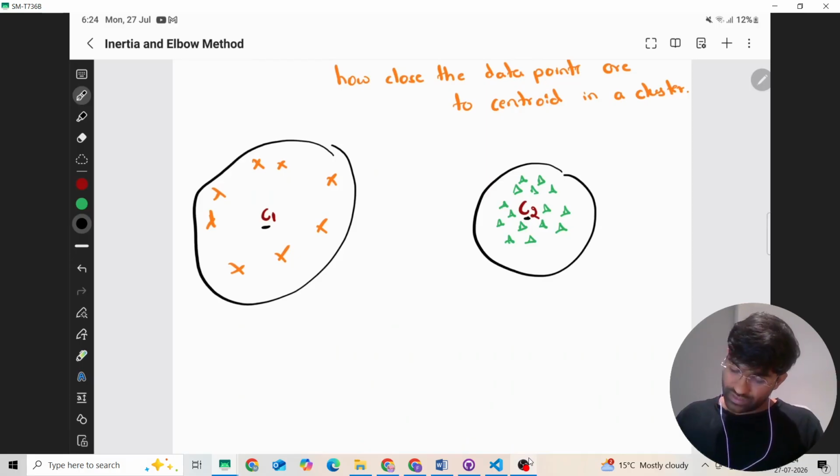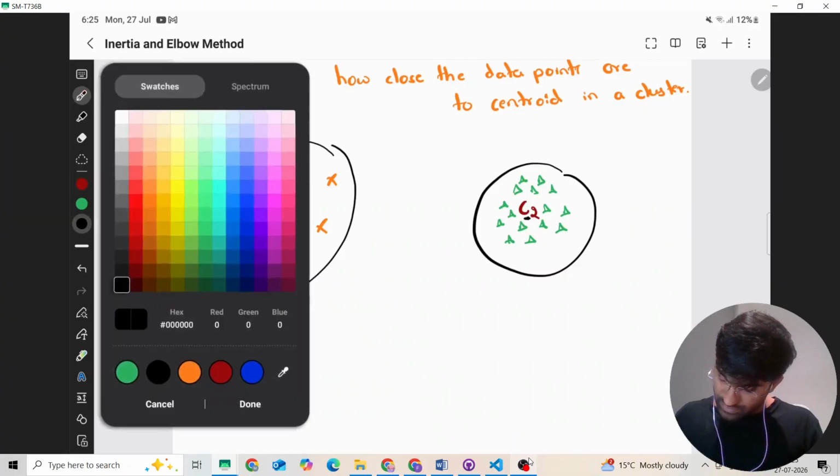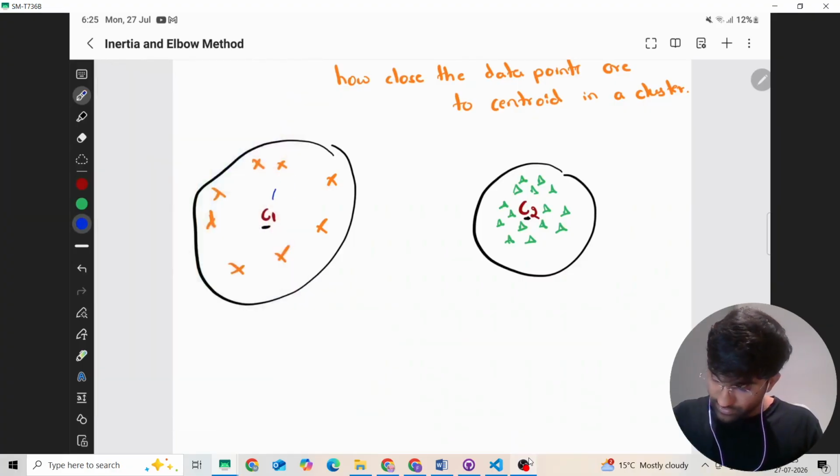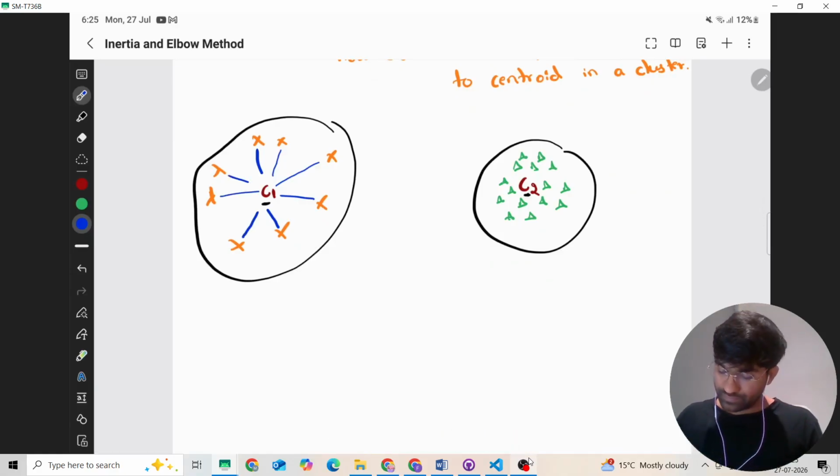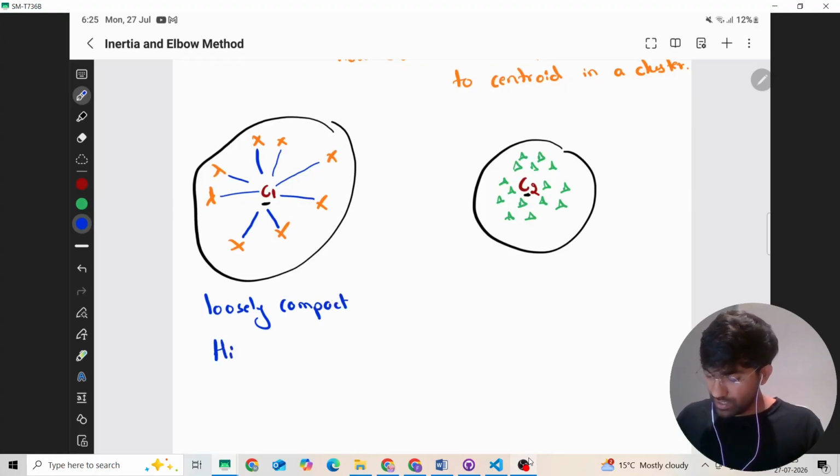If you see in cluster 1, the distance between the centroid and data points is far, not close, is more. So this is loosely compact. That means high inertia.